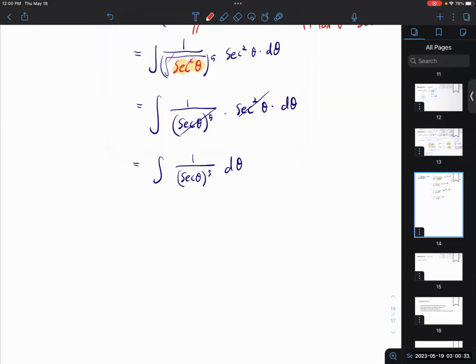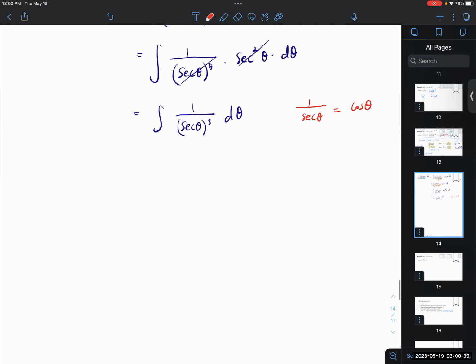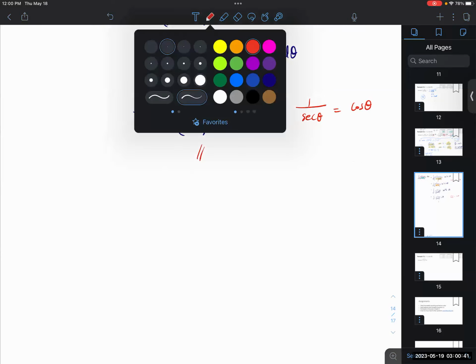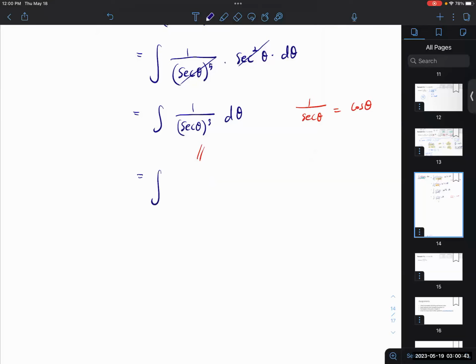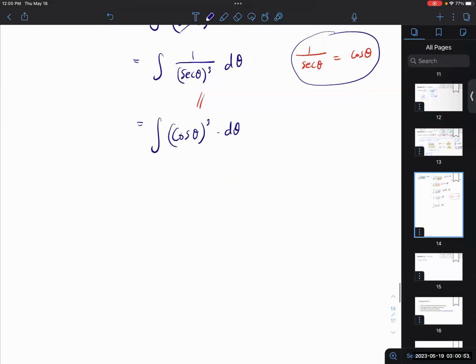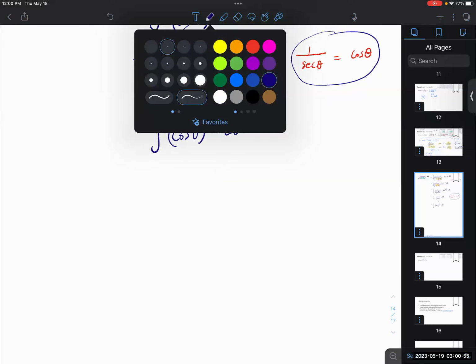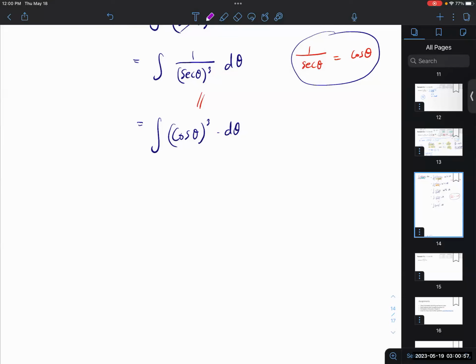Again, according to the trigonometric identity, 1 over secant theta is the same as cosine theta. So therefore, it is going to be the same as what? Integral of cosine theta to the 3rd power, because 1 over secant theta is the same as cosine theta. Right? If you remember, this is something we learned in unit 3.2.